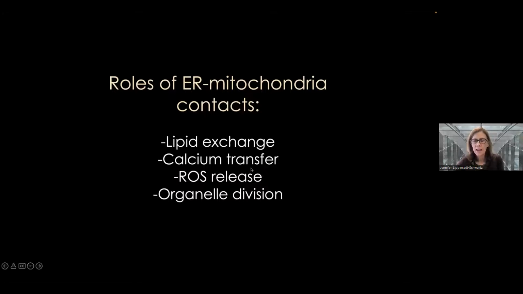As a consequence of particular proteins getting concentrated there, you can get lipids transferred between ER and mitochondria, calcium flux, and ROS release, and these mitochondrial ER contact sites have been shown to be involved in division of mitochondria. So can we look at these contact sites and analyze them in more detail?